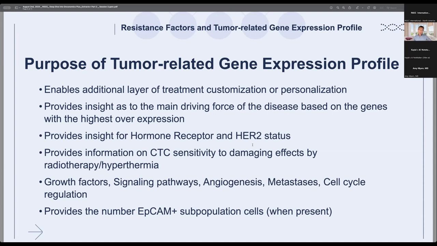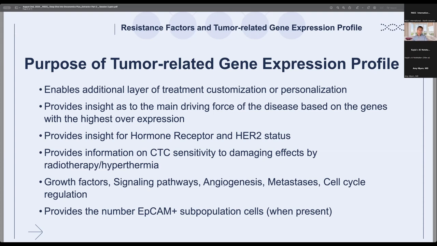And so that's why you've got to keep your mind open, that it's not necessarily one population we're dealing with. There may be several. So that's what's helpful about this. It can give you more information than just tissue biopsy. There could be other subpopulations that may or may not have the hormone receptors expressed, and still that could give you additional customization of therapy.